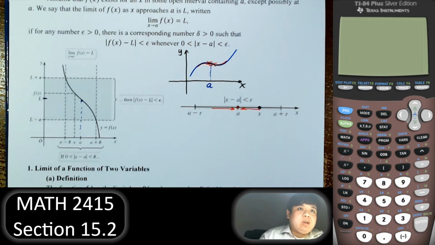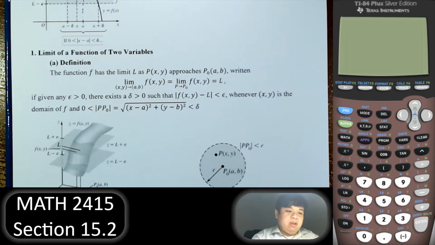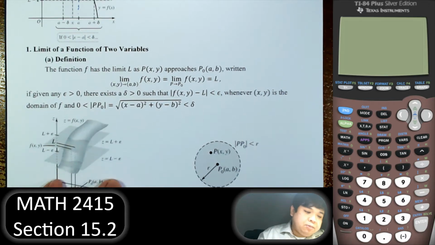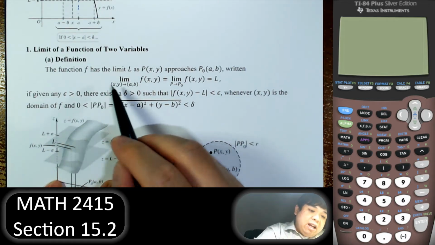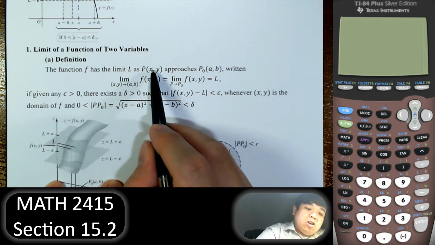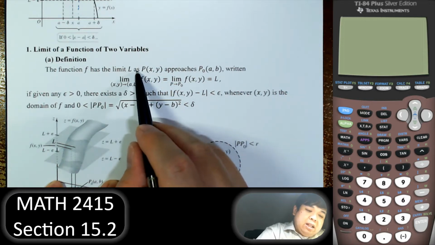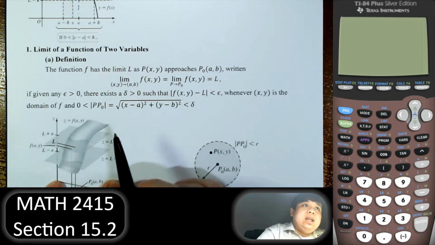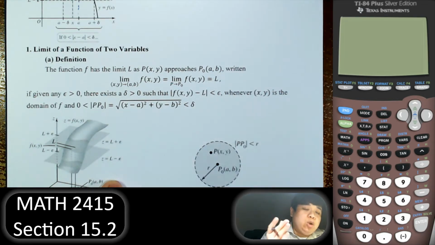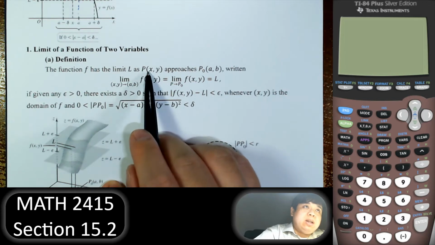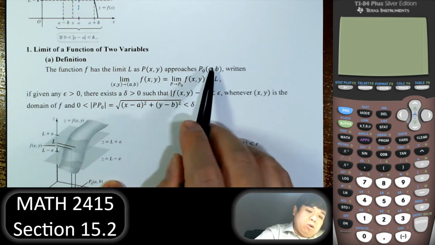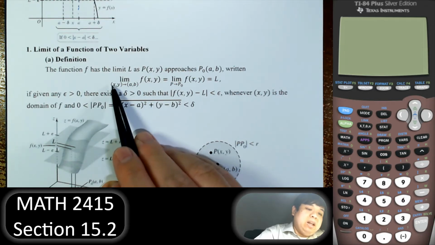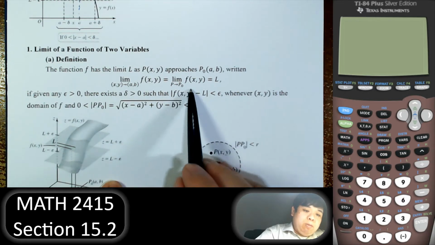Now, if we go to two dimensions, that will be a lot more interesting and open up a lot more possibilities. So let's look at the definition real quick, still using epsilon and delta. The function f has the limit L as the point (x, y) approaches (a, b). The point is in two dimensions, so it has two components, x and y, written as (x, y) going to (a, b), meaning x to a and y to b, or P to P naught.